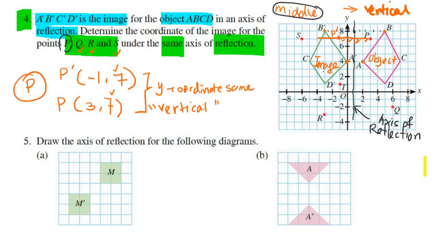Then we are going to see question number 5. Question number 5 is asking you to draw the axis of reflection. I mentioned already that the axis of reflection is the middle line for the object and image. So you need to find the middle line for object M and image M prime.